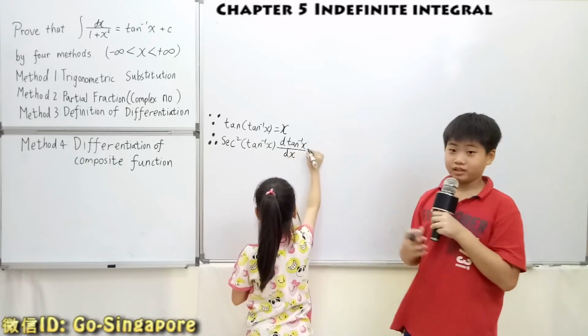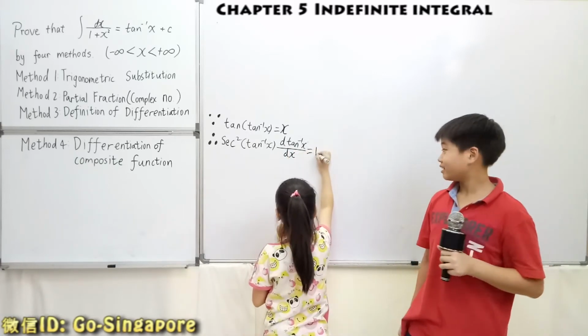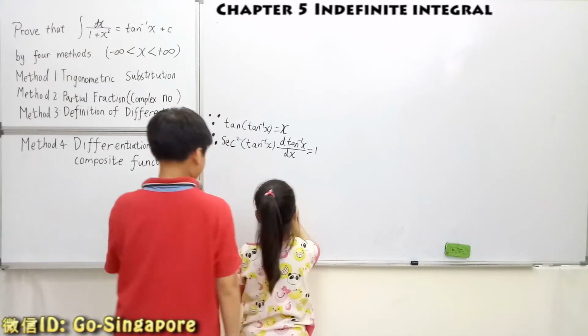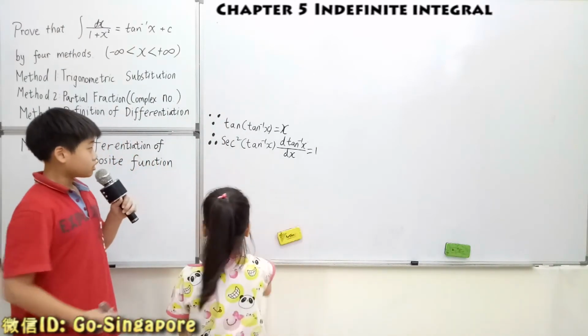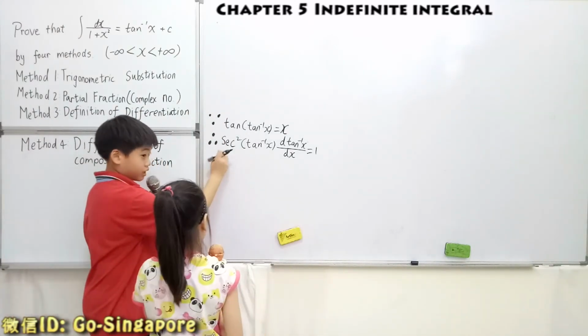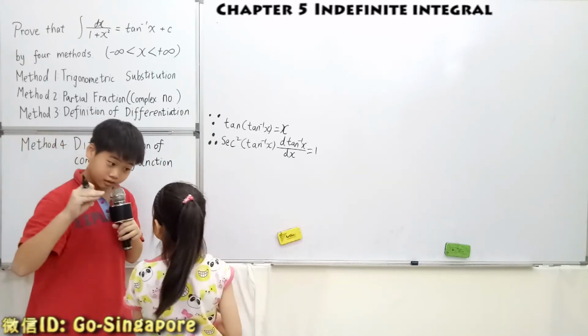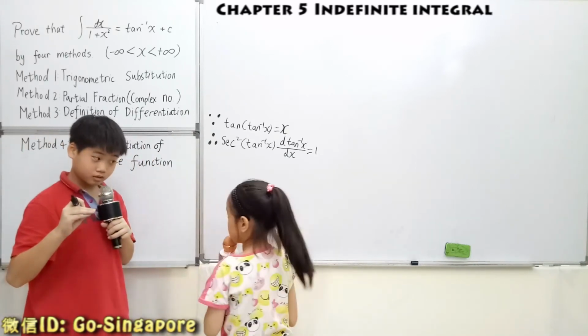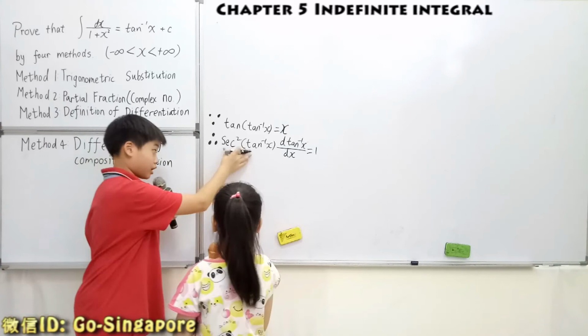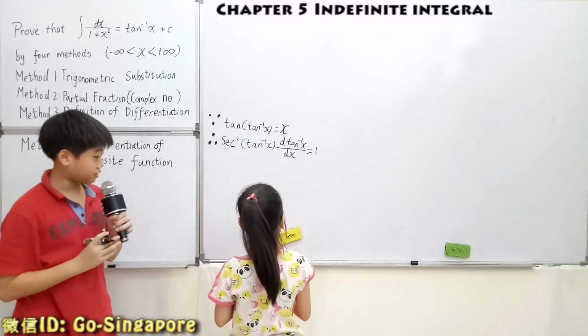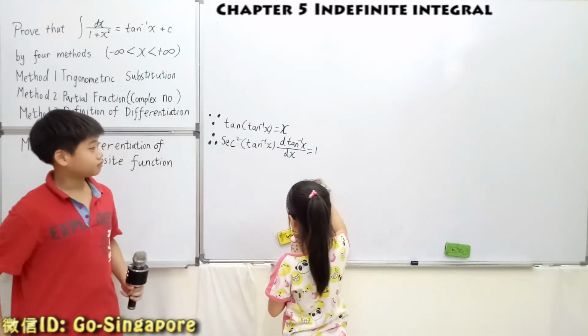So you just leave it alone. So that's a 1. Right now, for this secant, it's 1 over cosine. So you can move it to the other side.